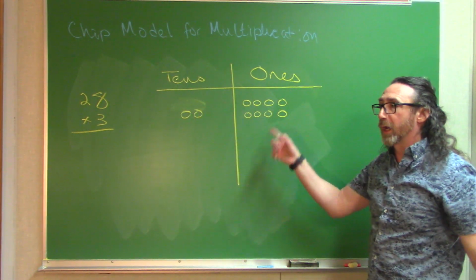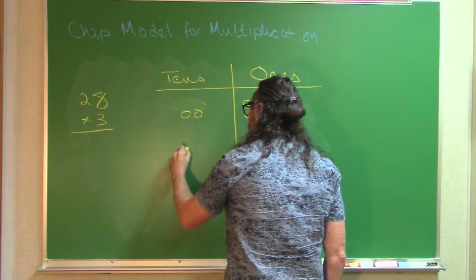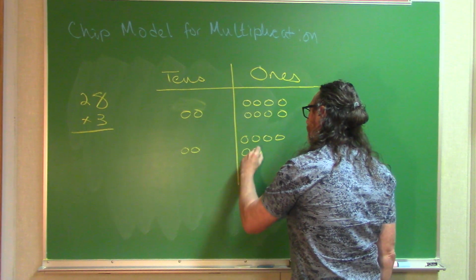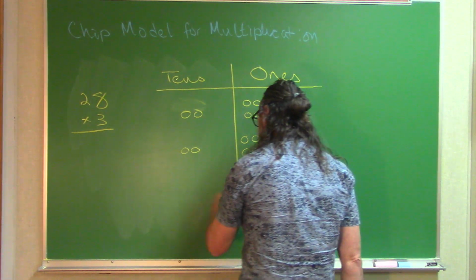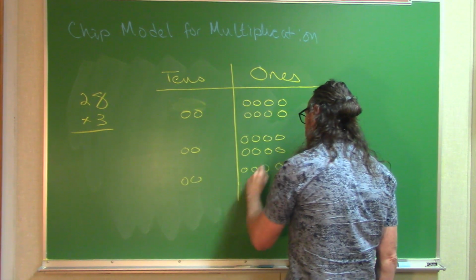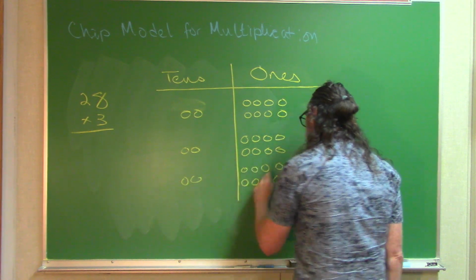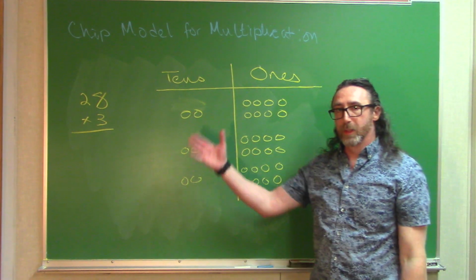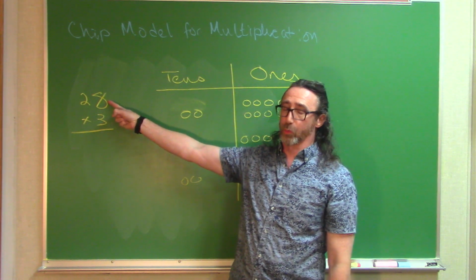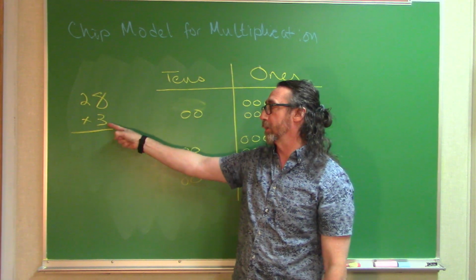Okay, so that's 1 copy of 28. 2 copies of 28. And finally, 3 copies of 28. So what I've done is I have loaded this number, 28, into the CHIP model 3 times.